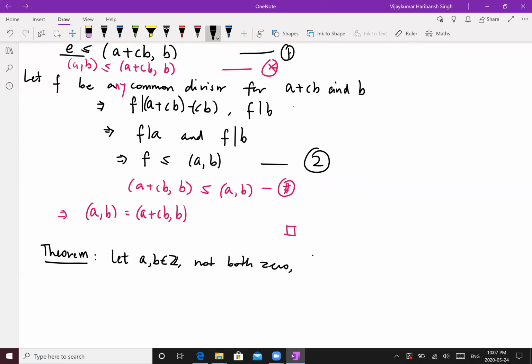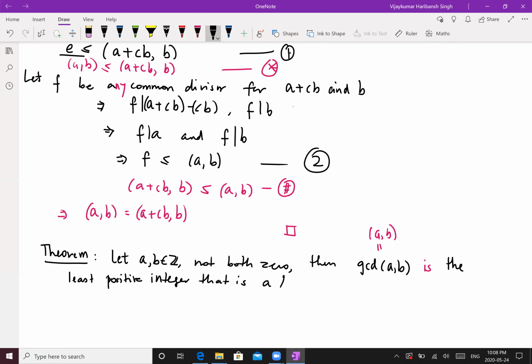Then GCD of A, B, or simply (A, B) — I'm going to flip between these two notations all the time — this guy, GCD of A, B, is the least positive integer that is a linear combination of A, B.